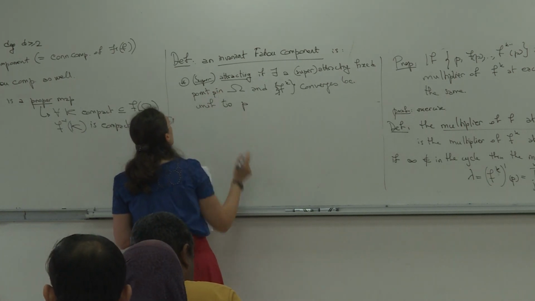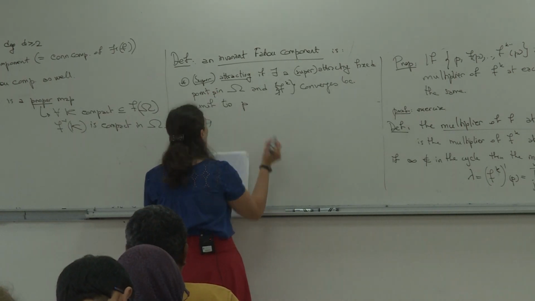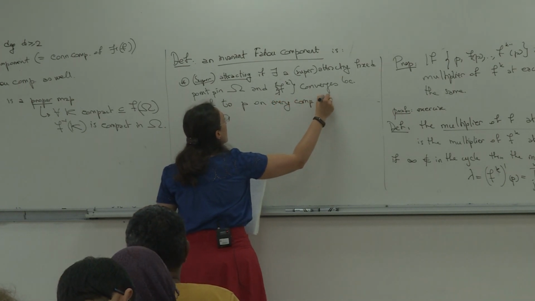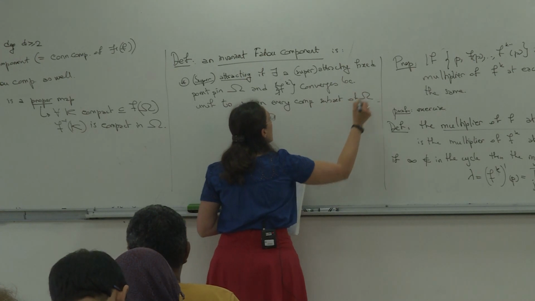Oh, I didn't put the name. So the fixed point is called p as usual, on every compact subset of omega.